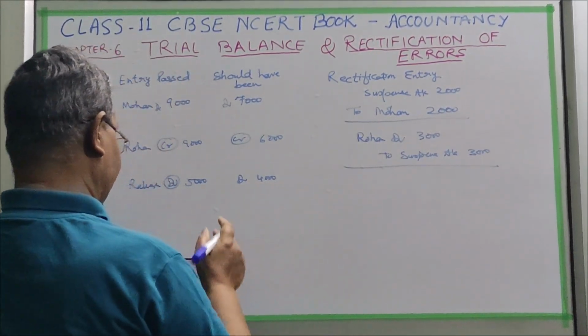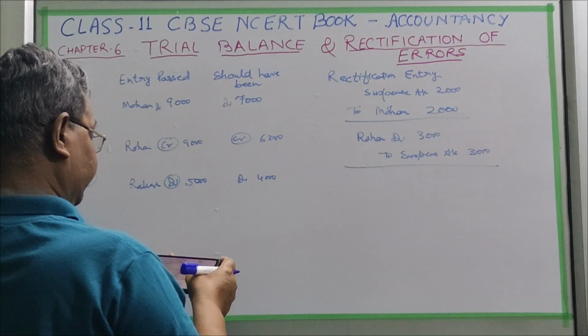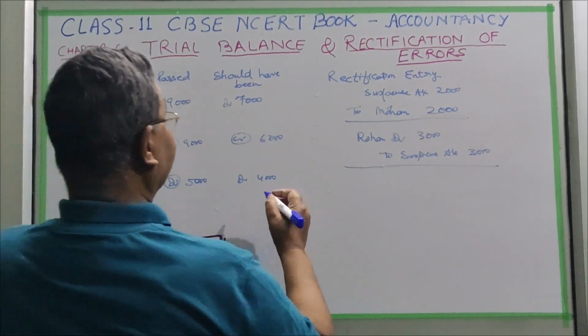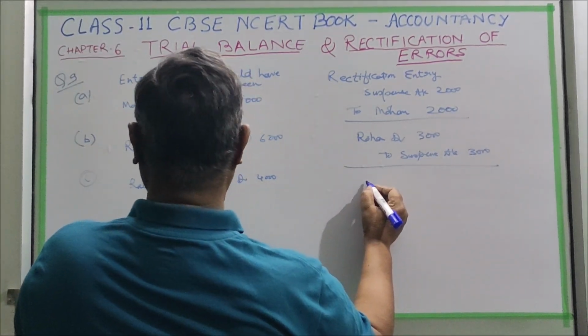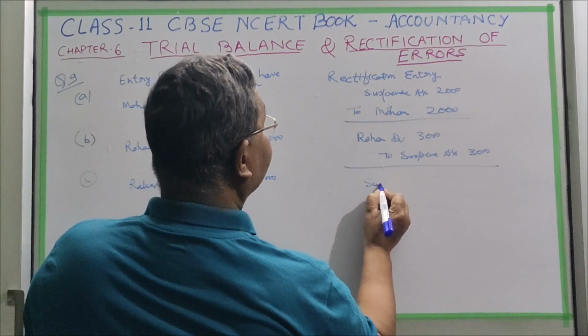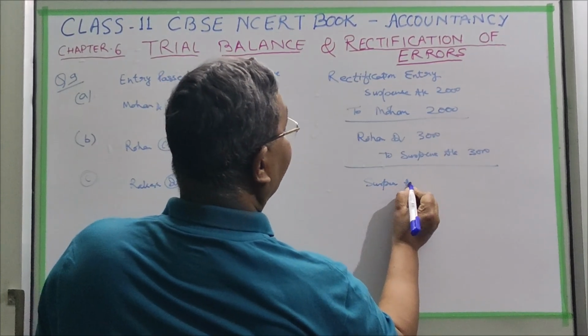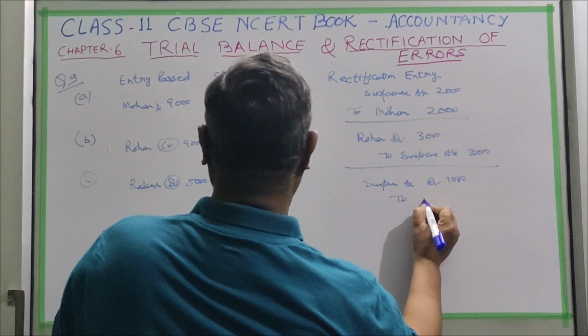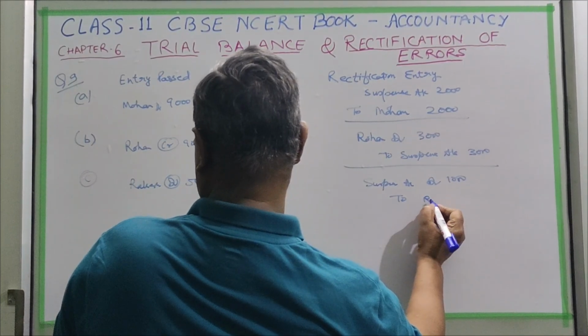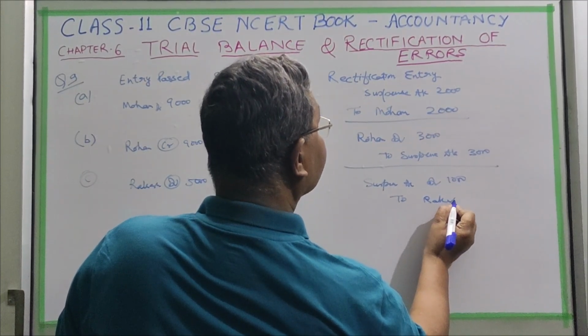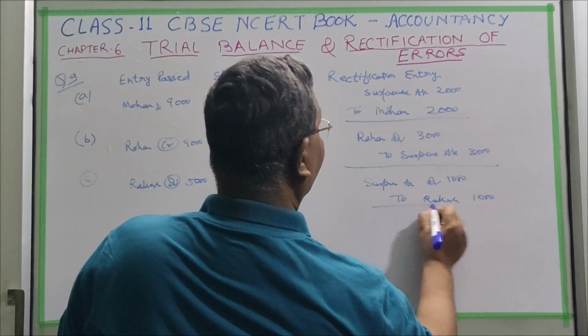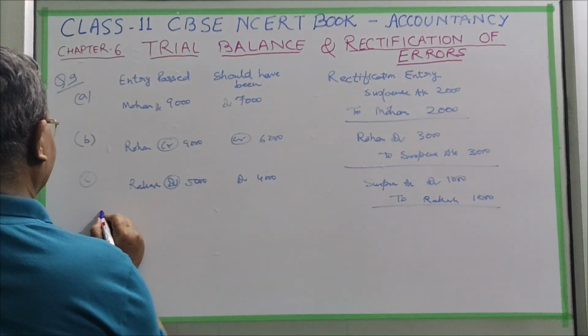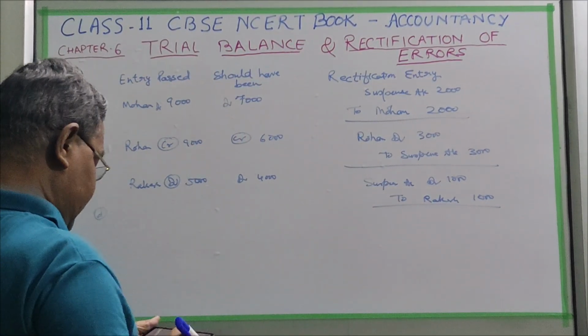So you have debited excess. Now refund him. So suspense account debit 1,000 and to Rakesh 1,000. Okay.